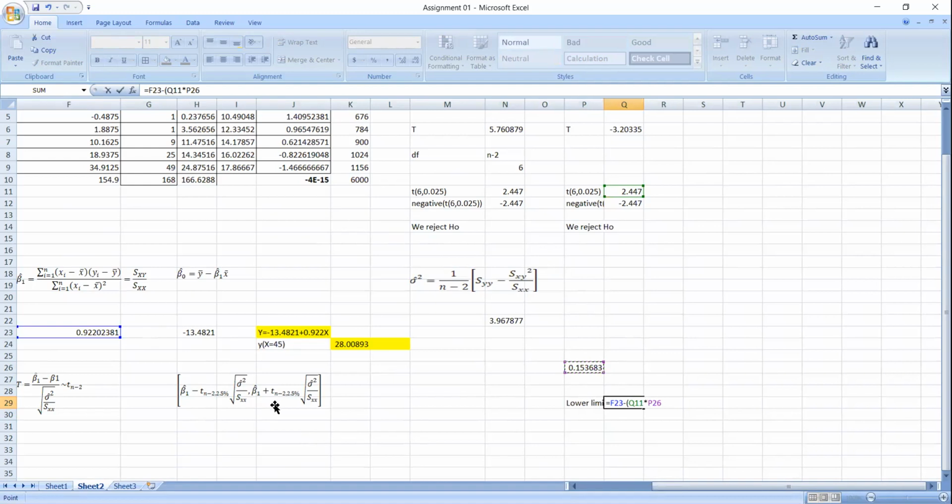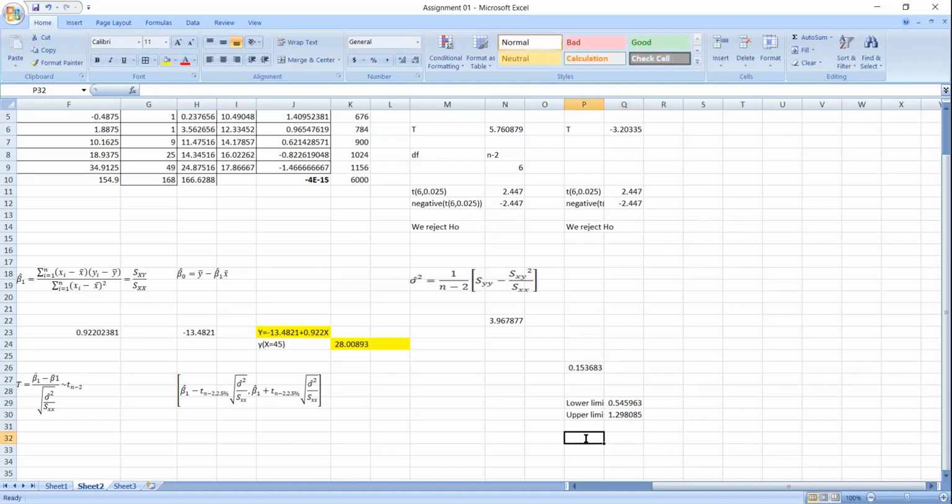Then you will get the lower limit value. And then we can find the upper limit value as well by substituting the values for the equation. Again we have beta 1 hat. So beta 1 is equal to this plus the table value 2.447 into square root of sigma squared hat over sxx, right? So this is the upper limit.